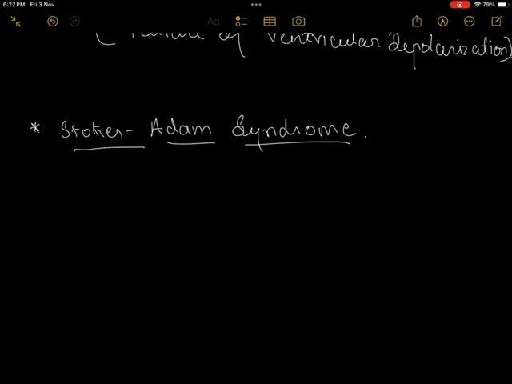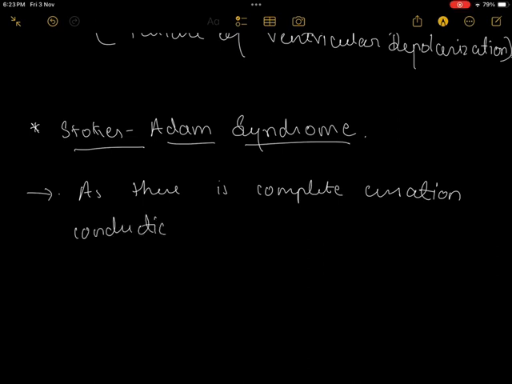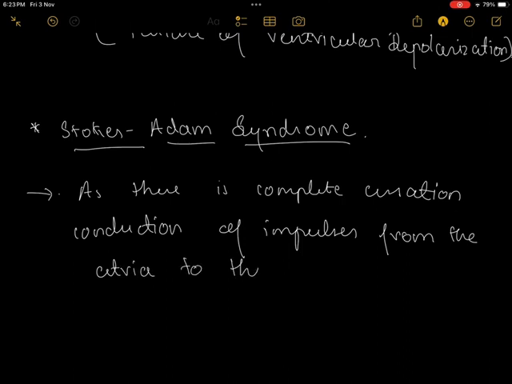As I said, in third degree blockage there will be complete cessation of conduction of impulses from the atria to the ventricle.